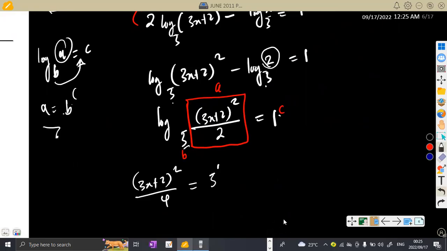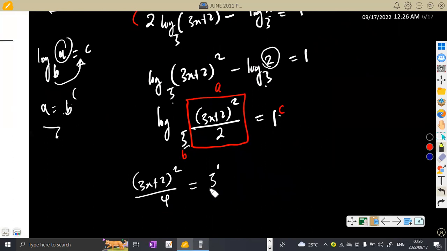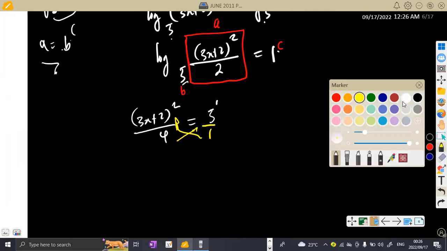From there we can now solve, because as you can see, we no longer have a logarithm. We're just left with normal equations that we can actually solve, because this can be over 1 like this. So you can cross multiply: this part multiplied by 1, this part multiplied by 4. 1 times any number remains as it is.